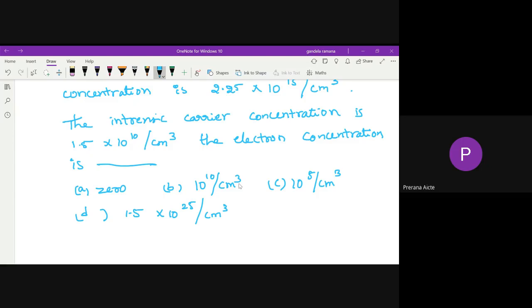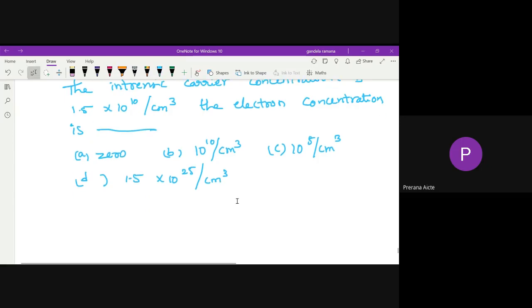So these are the options. This is the GATE 1995 question.